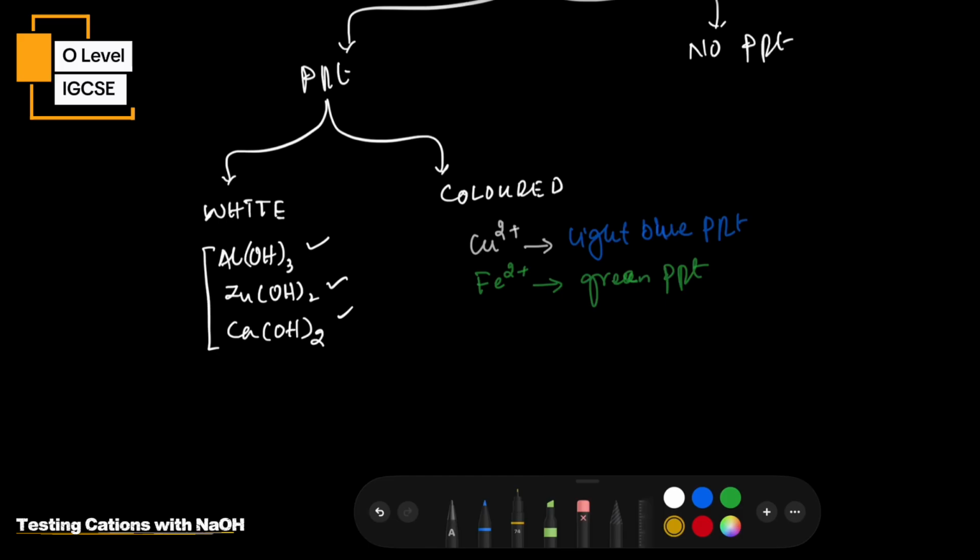In case of iron 3 positive ion, the color of its precipitate is red brown. And the last one is chromium 3 positive ion, and its color will be green again, like the Fe2 positive ion precipitate. So these are the main observations if a precipitate is formed.